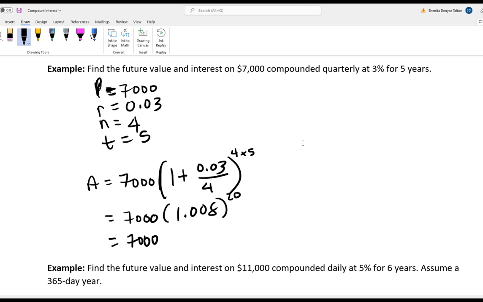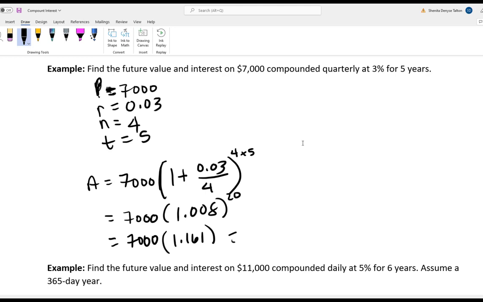Now I'm going to take 1.008 and raise it to the 20th power. Like I said, you might get a long number. If you get a long number, use that long number. Do not round. In my case, my calculator is set to round, and your calculator may be set to round as well.